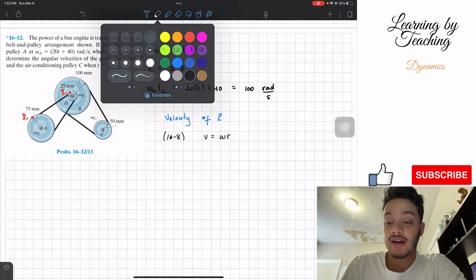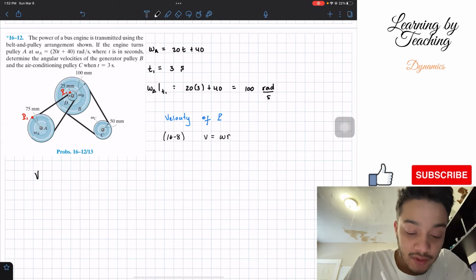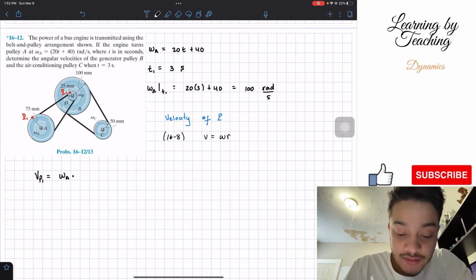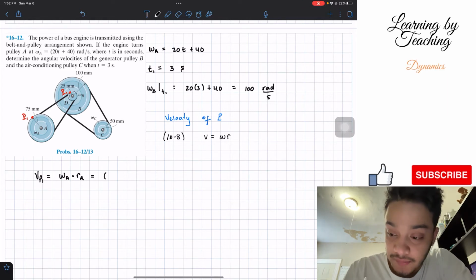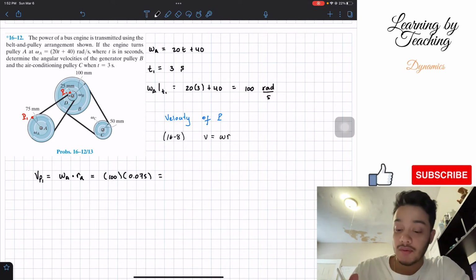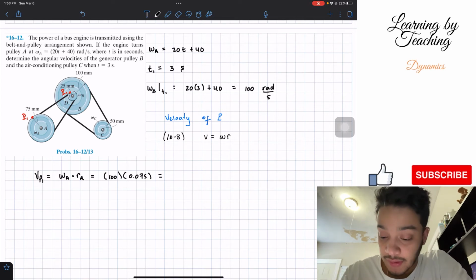So the velocity of point 1 is equal to the angular velocity ω_A times the radius of disk A. The angular velocity is 100 radians per second, and the radius, converted into meters, is 0.075. When we multiply this, it's equal to 7.5, with units of meters per second.